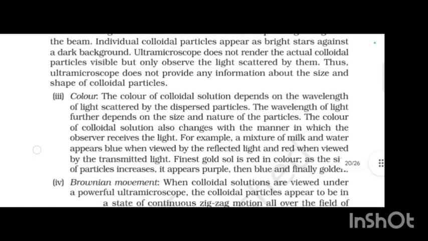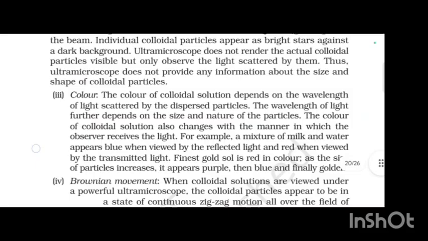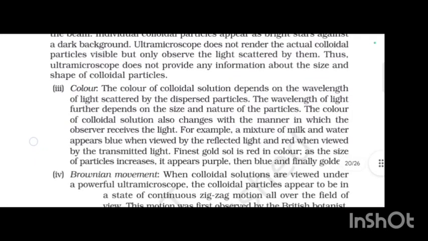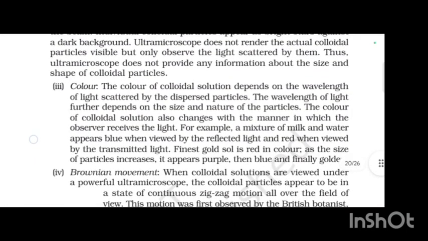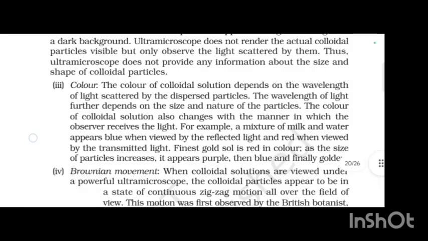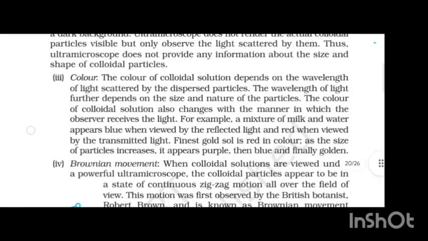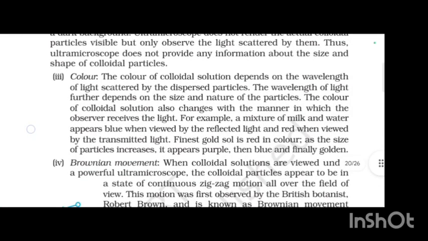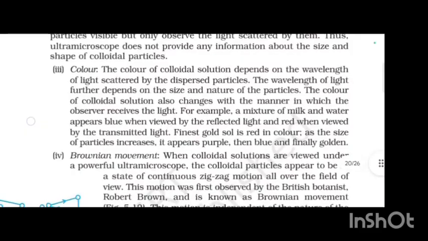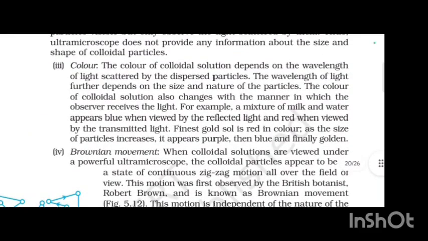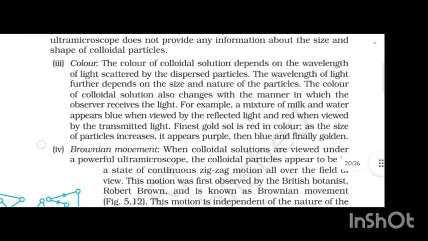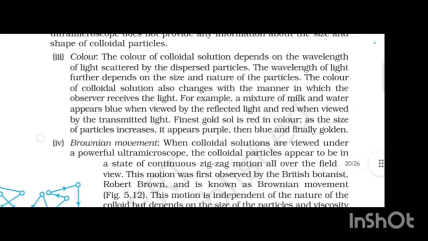Individual colloidal particles appear as bright stars against a dark background. Ultramicroscope does not render the actual colloidal particles visible but only observes the light scattered by them. Thus, ultramicroscope does not provide any information about the size and shape of the colloidal particles.